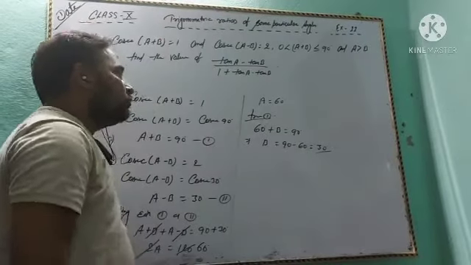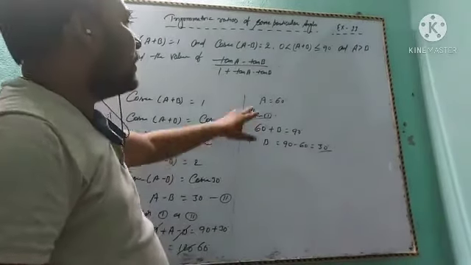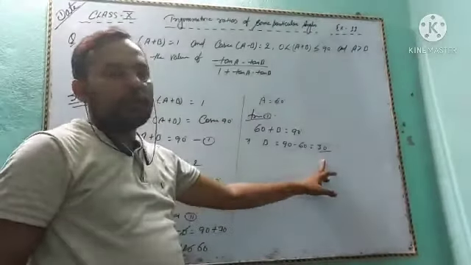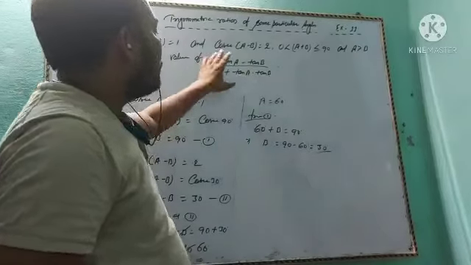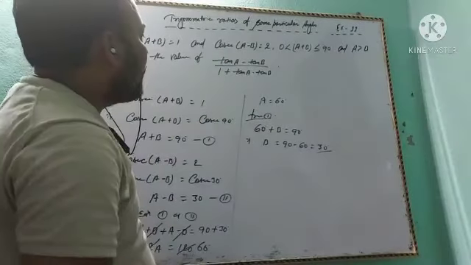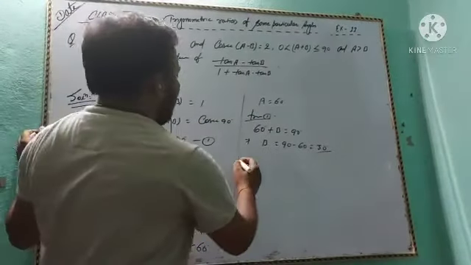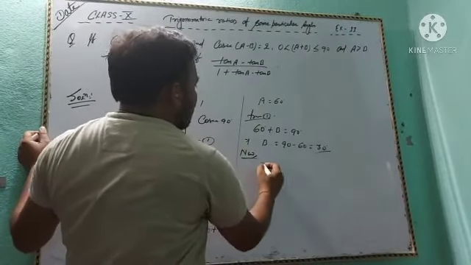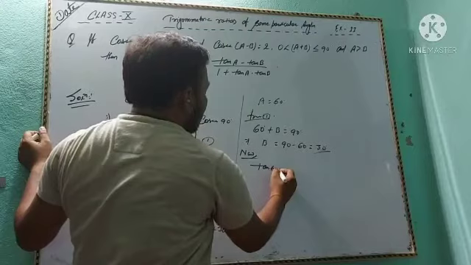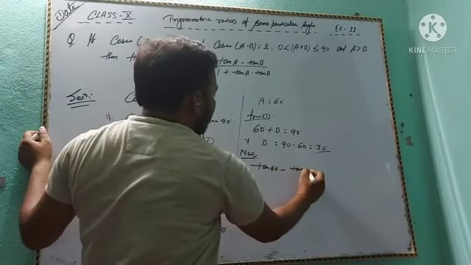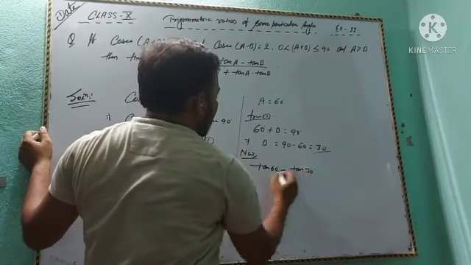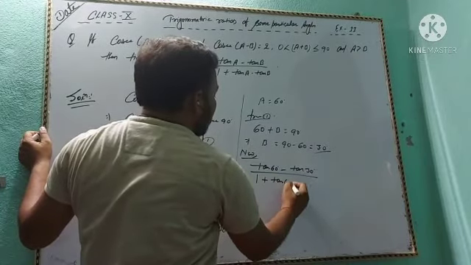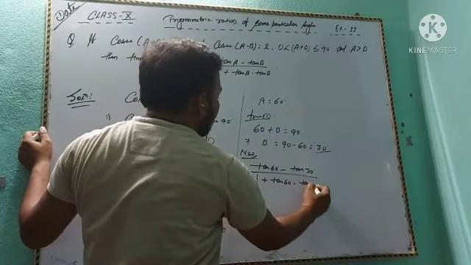Okay students, so here the value of A is equal to 60 degree and the value of B is equal to 30 degree. So find the value of tan A minus tan B by 1 plus tan A into tan B. Now, tan A, that is tan 60 degree, minus tan B, that is tan 30 degree, divided by 1 plus tan 60 degree into tan 30 degree.